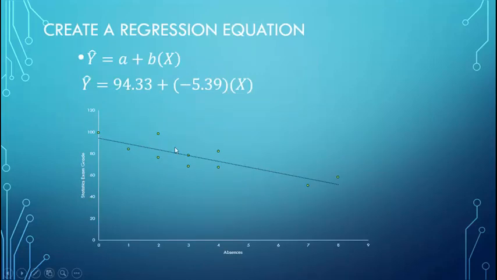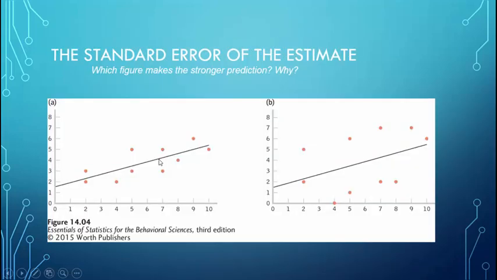So here's our best fit regression line, and here are our data points. And the idea is how much error there is has to do with how much variability or how much distance there is between these data points and the regression line that we created. So if you look here, here are two sets of data points, the same regression line going through them.